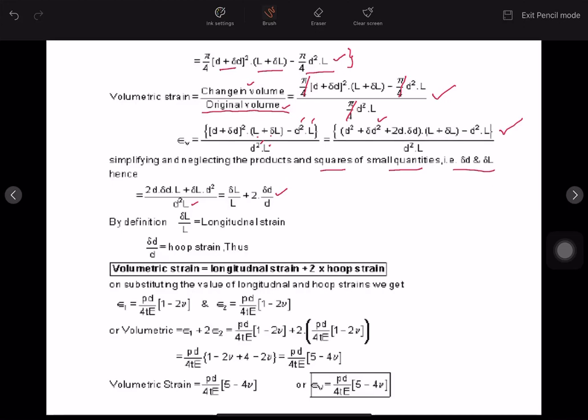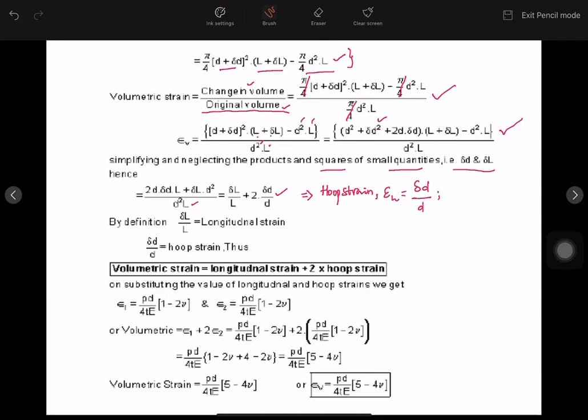So if you keenly observe this equation, hoop strain, which we have discussed earlier, is equals to what? Delta d by d.